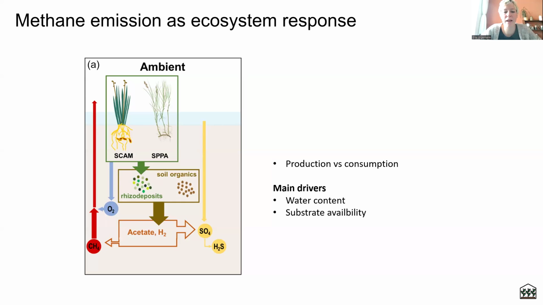If there's water saturation, it's promoting the production of methane. And if there's not so much water and oxygen available, then we might even have the consumption of methane. And of course, this is also linked to the substrate availability, which is mostly controlled by plants, because they can put into the soil rhizodeposits or other organic compounds.